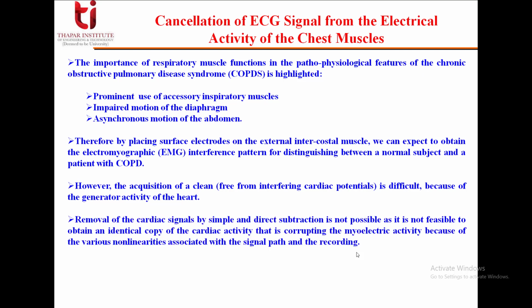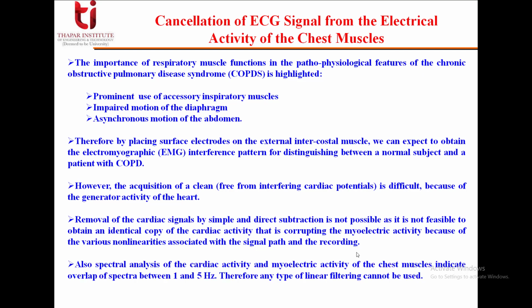So, the removal of cardiac signals by simple and direct subtraction is not possible, as it is not feasible to obtain an identical copy of the cardiac activity that is corrupting the myoelectric activity, because of the various non-linearities associated with the signal path and the recording.